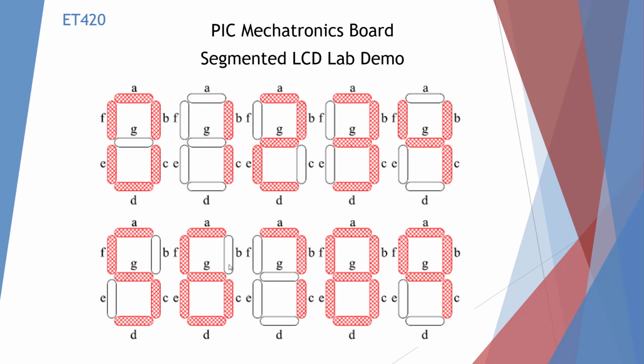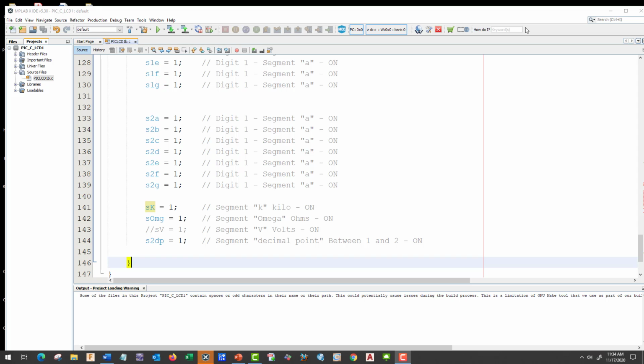So 6, we want 6.2, so it looks like everything's going to be on, so 1s are on, and B is off. So we need to turn B to 0 in order to turn it off. Okay, so here's our second digit, and it's going to actually be our first digit because it's on the left, and we need to convert B to 0, and that should be our 6.